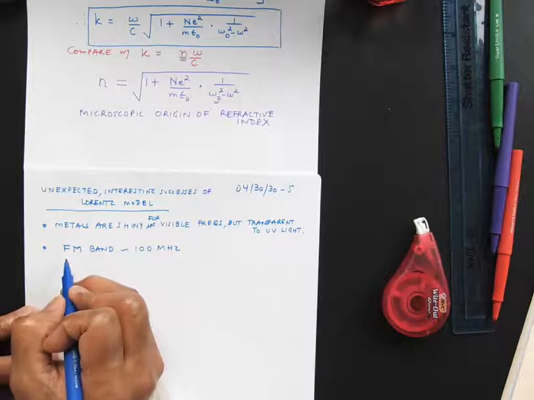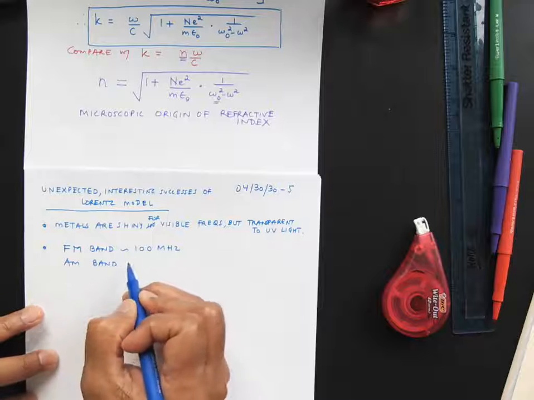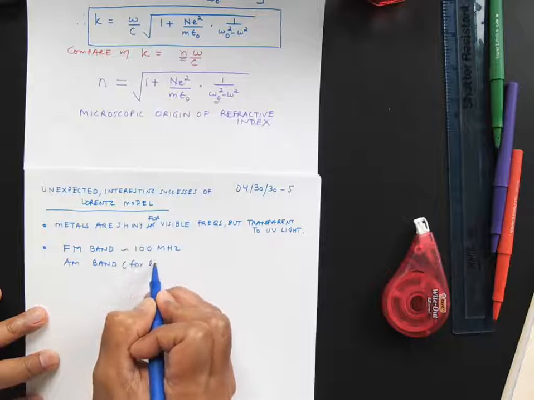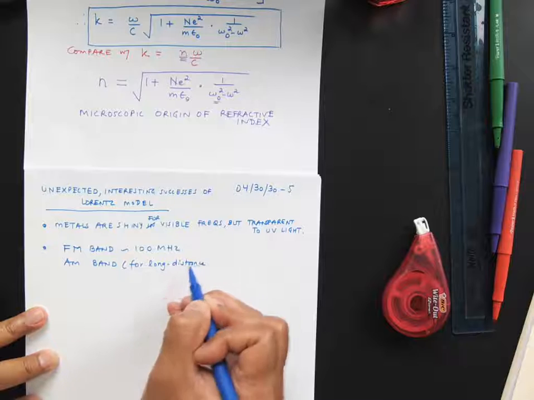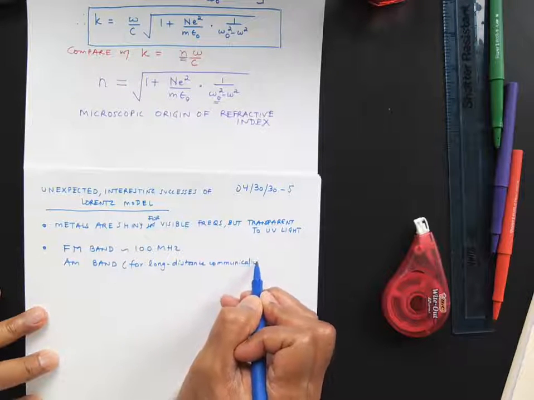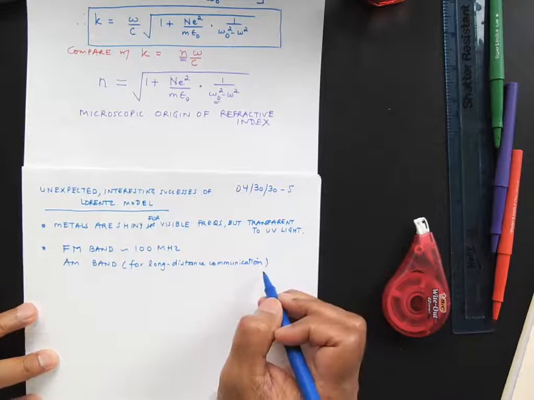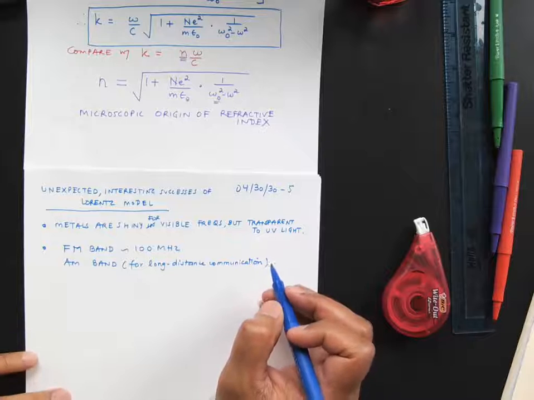And then there is the AM band for long distance. So this is for long distance communication. When I was in India, we used to tune into BBC sometimes for cricket matches, for the World Cup and stuff.